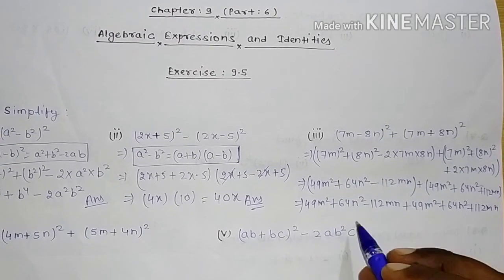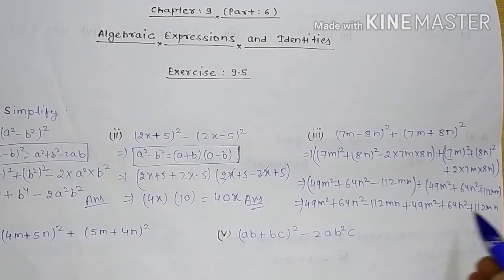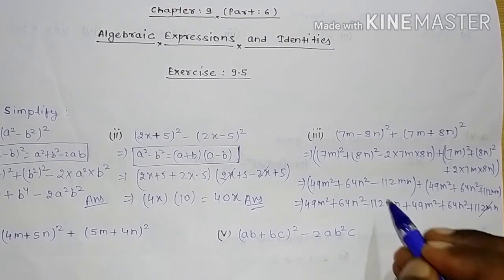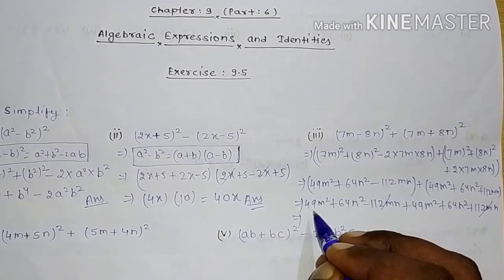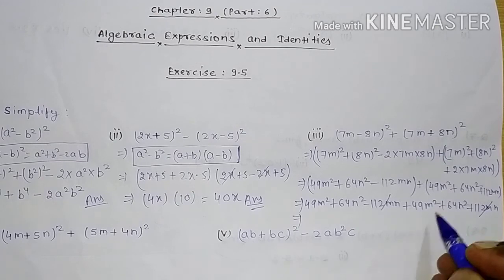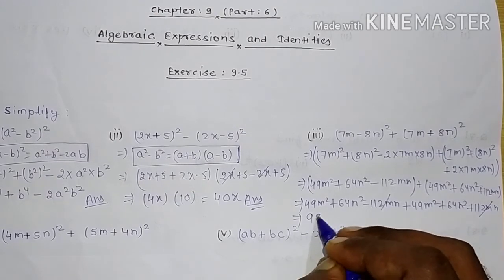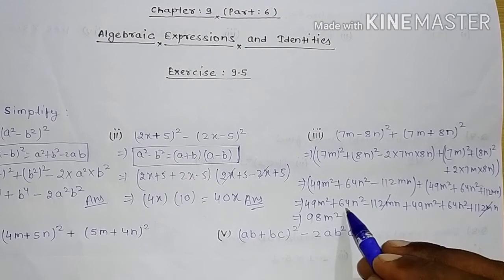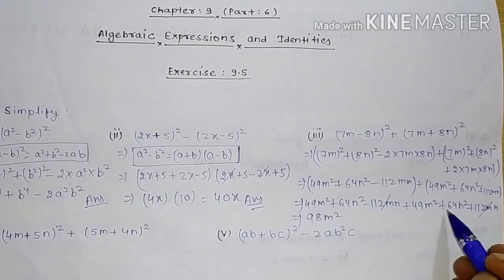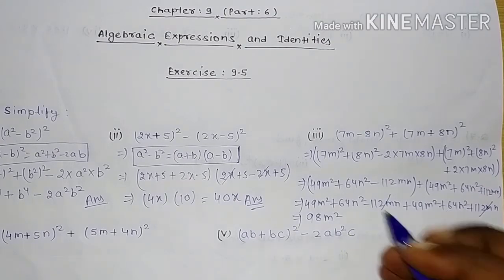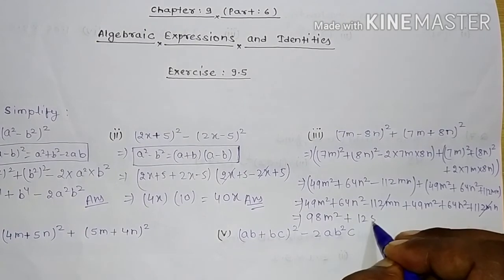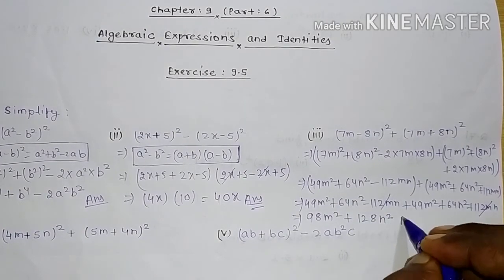Here minus 112mn and plus 112mn will be cancelled out. So 49m square plus 49m square will be 98m square, and 64n square plus 64n square, that is 128n square, and this is the answer.